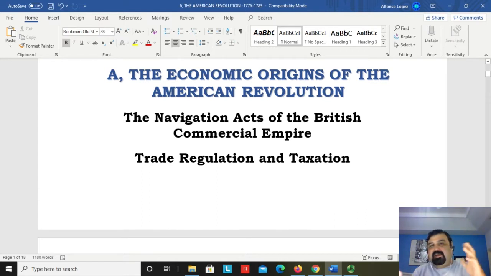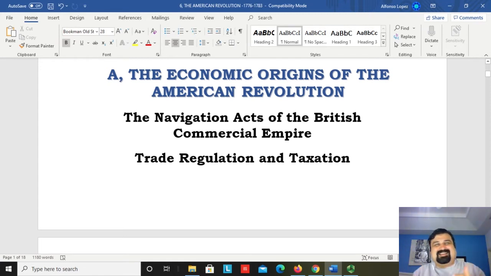And in case the competition, the French, the Dutch, wanted to buy products, they needed to buy them from the British back in Europe and pay the prices imposed by the British, and also pay taxes as well.